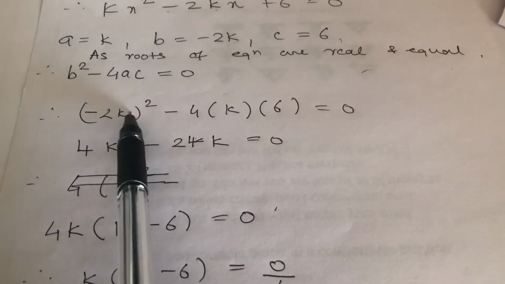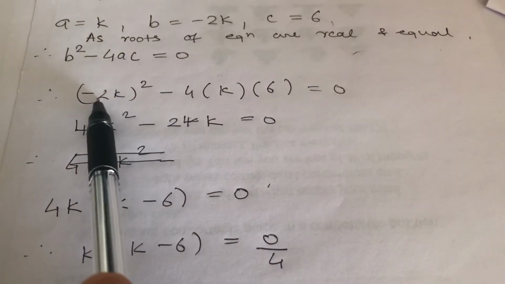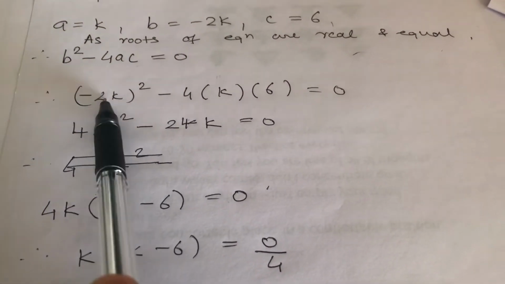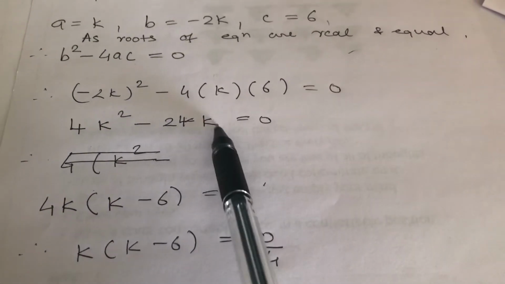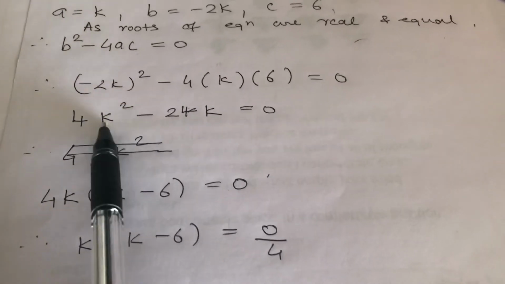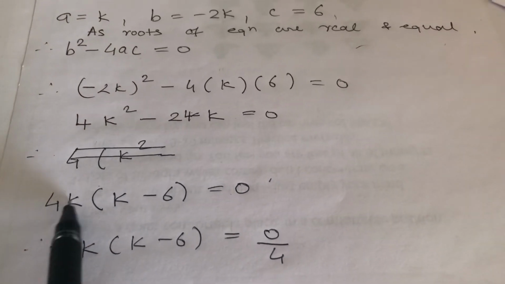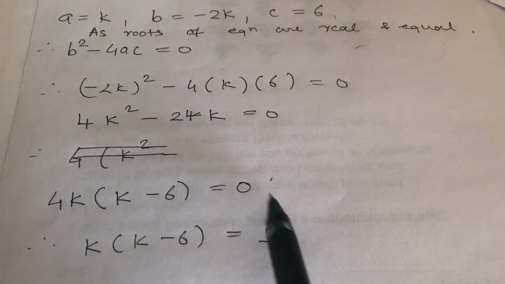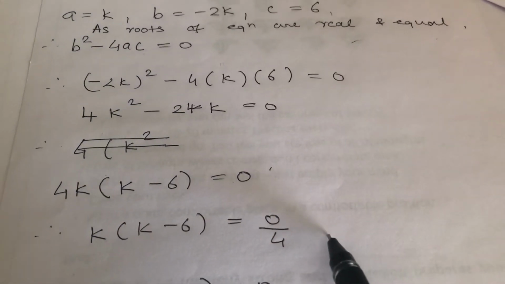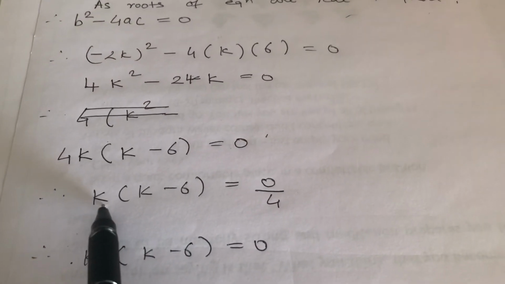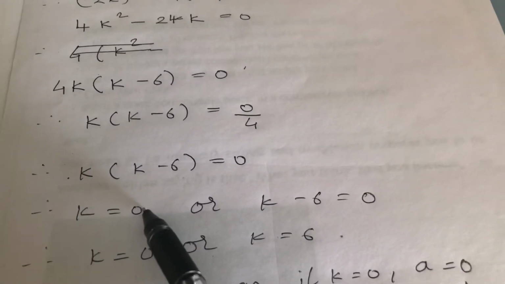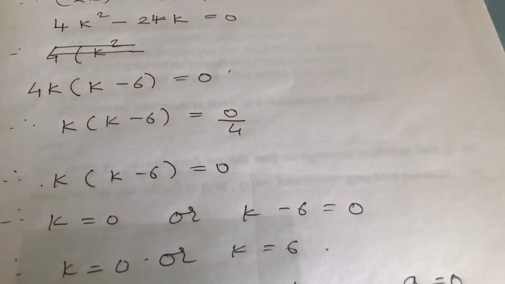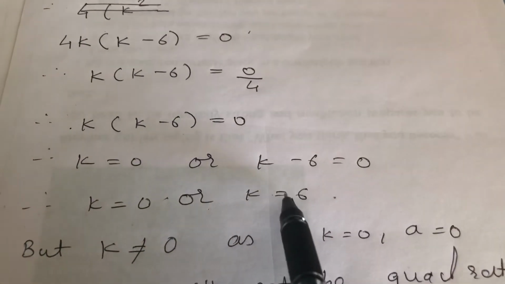You solve this, minus 2 square is always positive, so plus 4k square minus 6 into 4, 24k. Now from these both terms 4k is common, correct? So 4k into k minus 6 is 0. Now the 4 goes to the other side, you get k into k minus 6 is 0 upon 4, that is 0. Therefore k is 0 or k minus 6 is 0. Therefore k is 0 or k is 6.